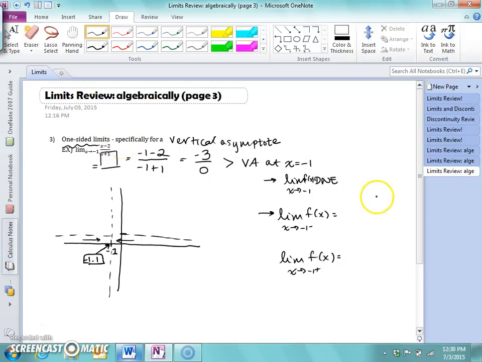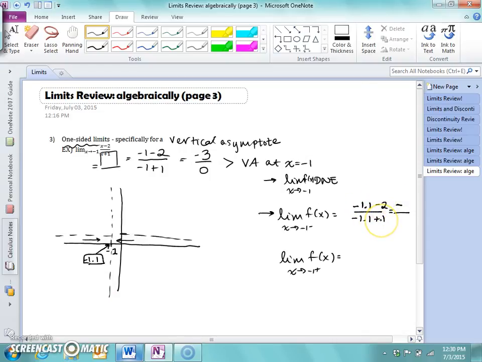So this is all just scratch work here, but negative 1.1 minus 2 divided by negative 1.1 plus 1. The thing is, we don't even really need to find an actual number. We only need to know, is the output positive or negative as you get close to negative 1 from the left. So in my numerator, a negative minus a negative will be negative.